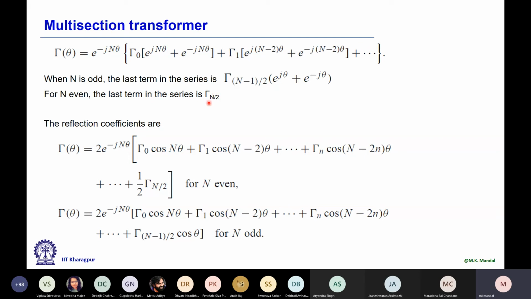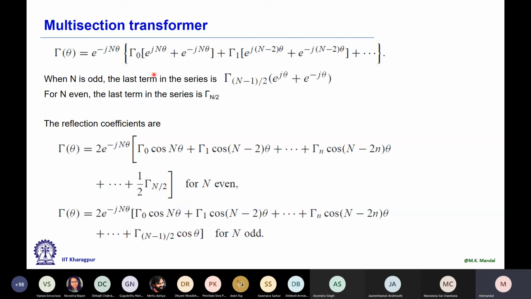We don't have any more term remaining which can be paired with this. So we have two different situations. Then the reflection coefficient for n equal to even, we can write like this, and for n equal to odd, we can write like this.